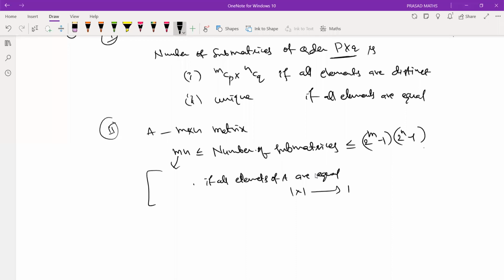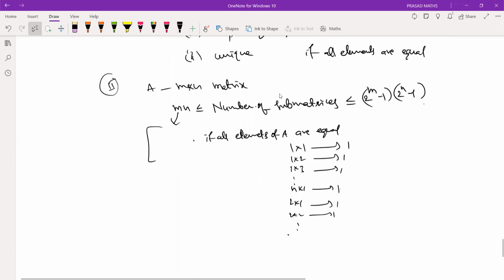Only one. 1 by 2 only one. 1 by 3 only one. N by 1 only one. 2 by 1 only one. 2 by 2 only one. Yes or no? So 2 by N only one. m by 1 only one, m by 2 only one, similarly m by n only one.